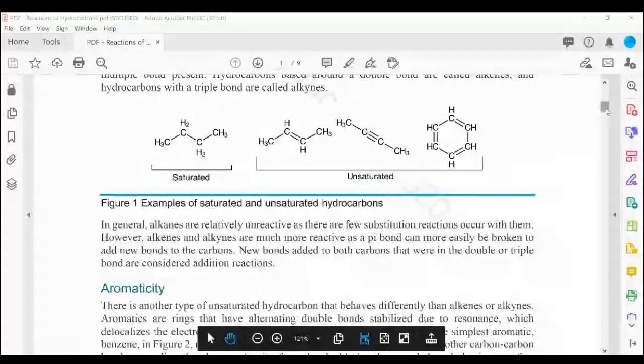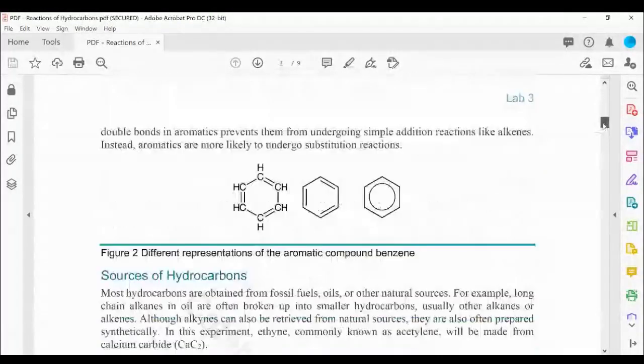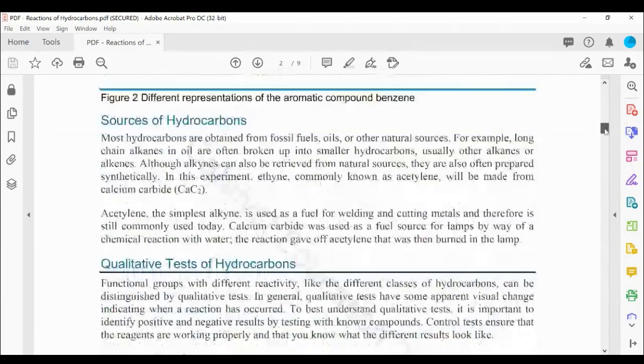Okay. So we saw from the write-up, I'm going through the write-up, we saw aromaticity. This is benzene, I was talking about the resonance, and because of the resonance, sometimes they write the benzene with a circle inside.